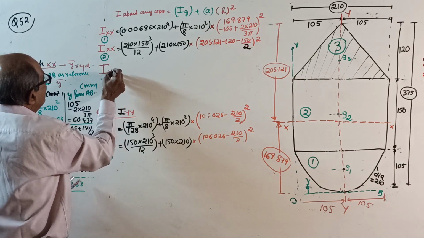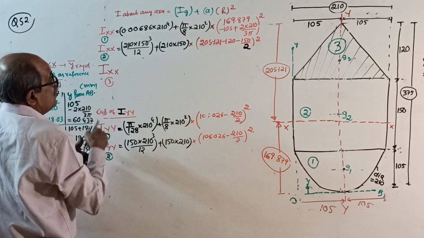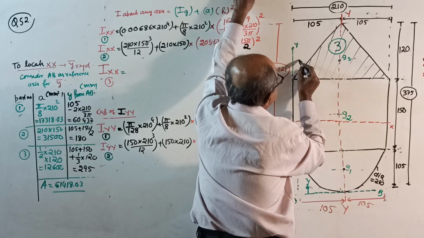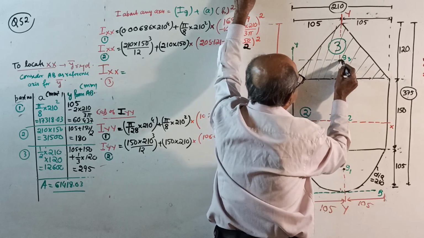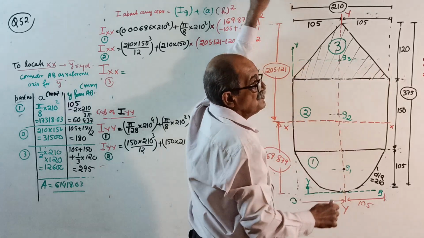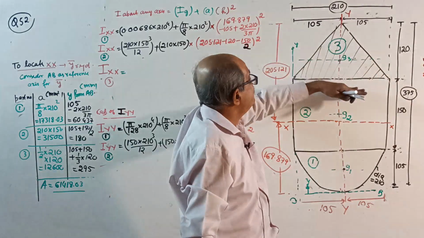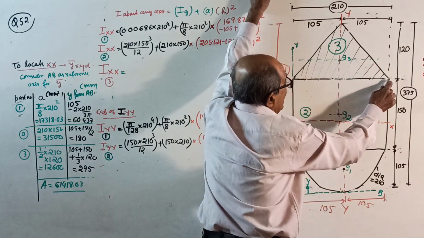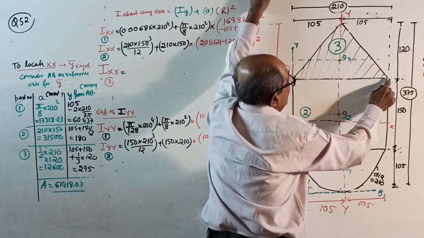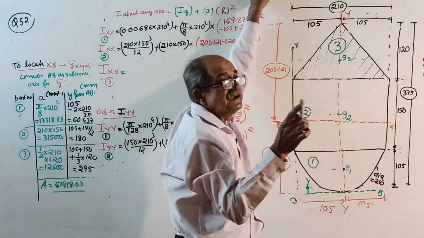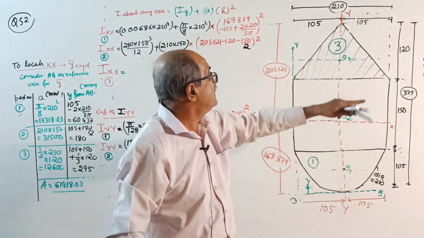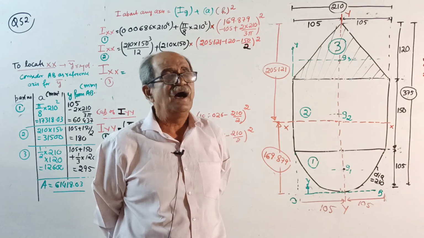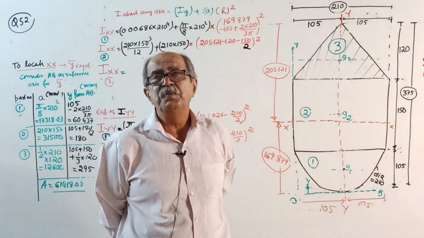Plenty of space is there. X for 3 equal to, see correctly now, I about first its own axis. See here, this axis. Remember, for this axis, there is a parallel base and height, and the base is extreme end. When the base is extreme for a triangle, moment of inertia is same as right angle triangle, BH cube by 36.